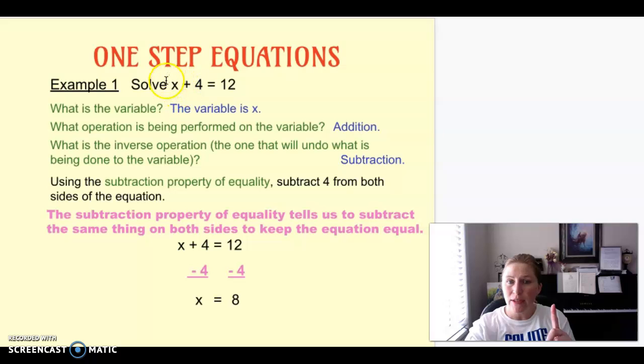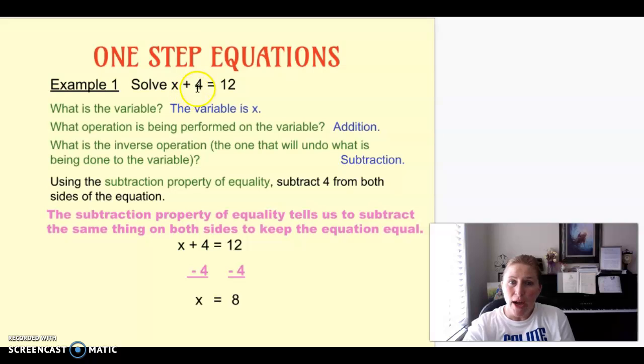So the first question, what's the variable? The variable is x, the letter. What operation's being performed? This is addition. How do I undo addition? The inverse of addition is subtraction.